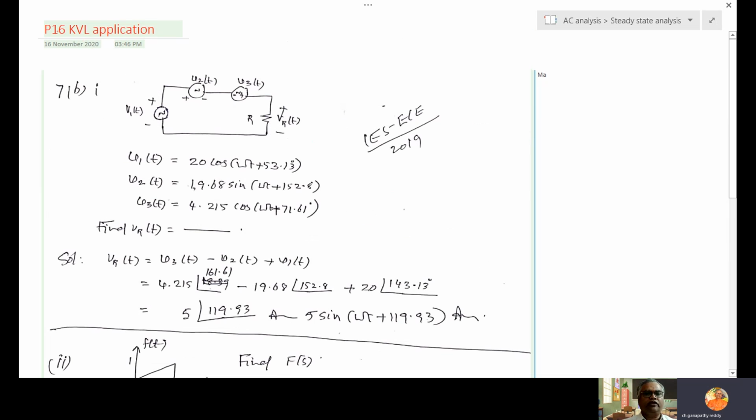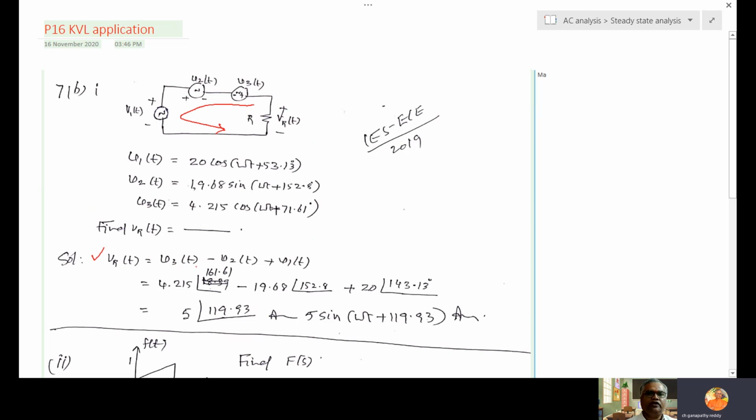This is also a KVL application. V1 is given, V2 given, V3 given, and it asks VR of t. V1 is an AC source, V2 another AC source, V3 another AC source. VR is nothing but started positive, go to negative. Directly write the expression for VR.